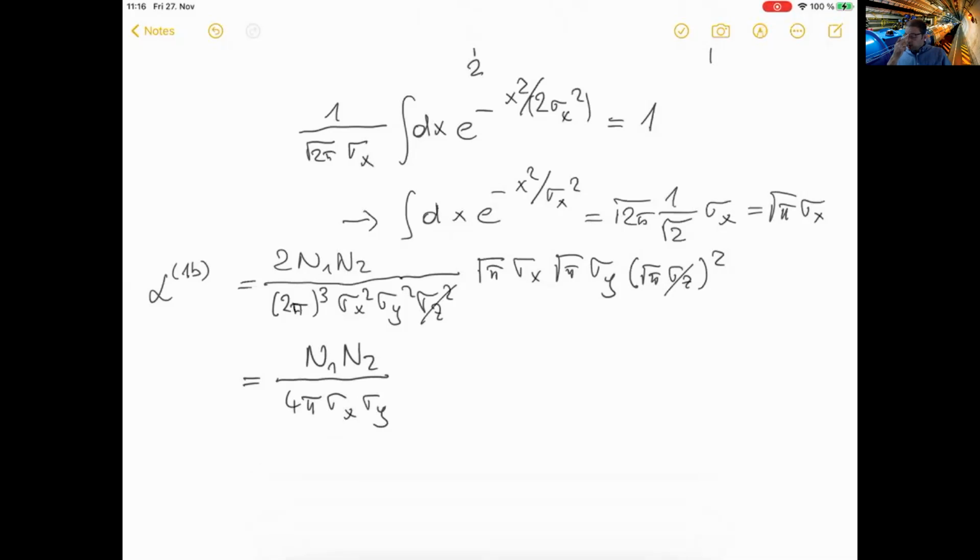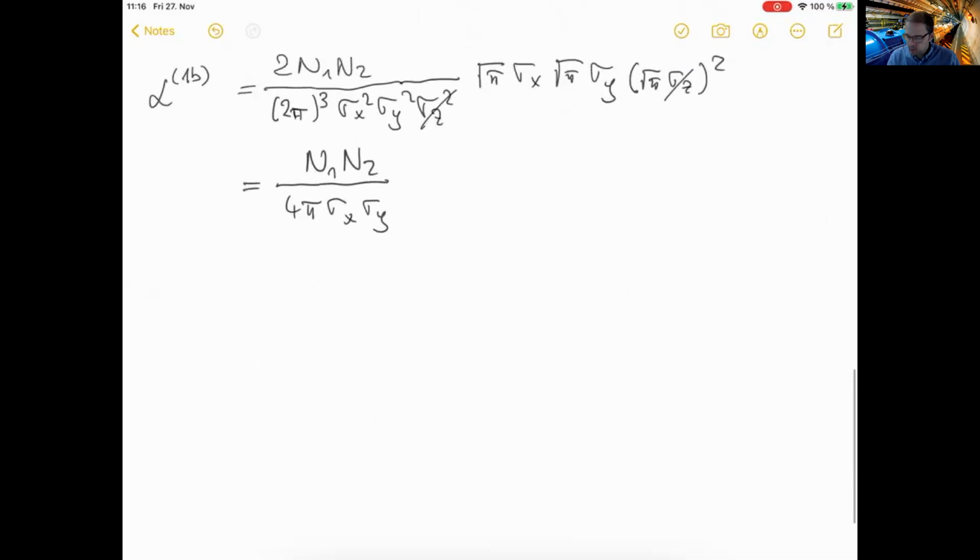So it's proportional to the product of the particles in the two bunches, and it increases with 1 over the width for both the x and the y directions. Hence, we want to focus our beams very tightly and have large densities, large numbers of particles per bunch, and have them collide. It's less important how long these bunches are.